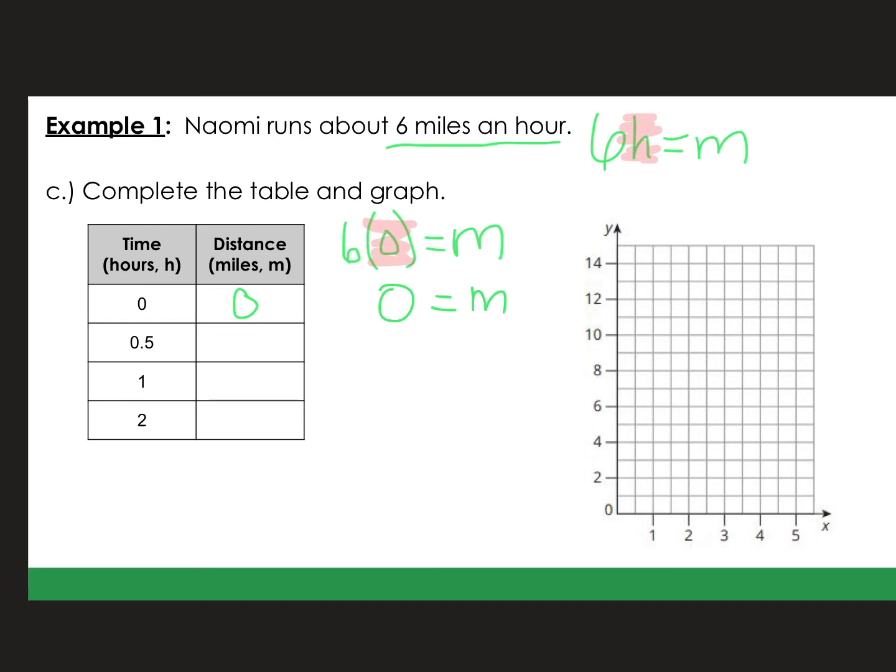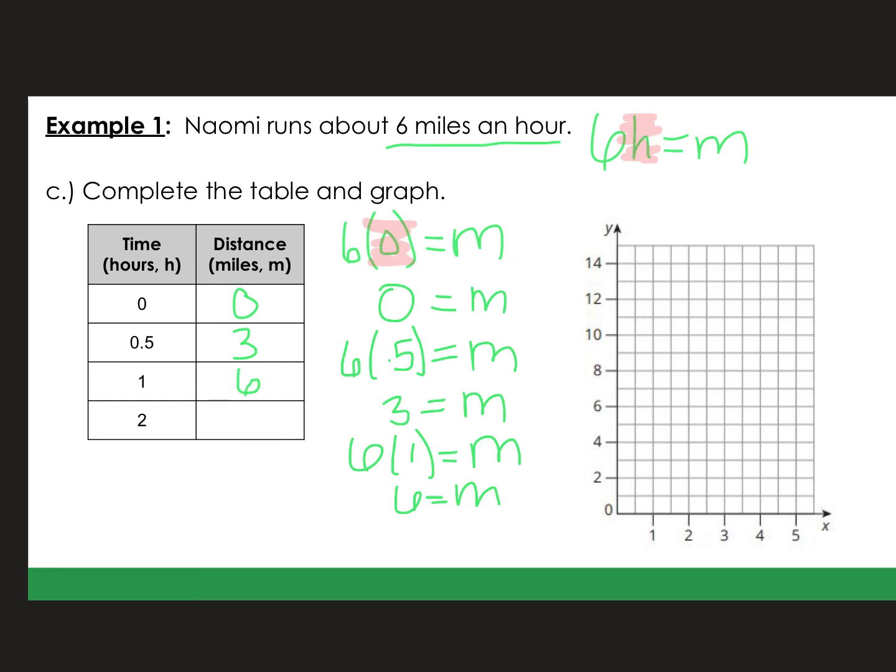Then I'm going to take the H out and put the 0.5 in. So 6 times 0.5 equals M. Well, 6 times 0.5 is 3. And then I'm going to take the H out and put the 1 in. 6 times 1 equals M. So 6 equals M because 6 times 1 is 6.